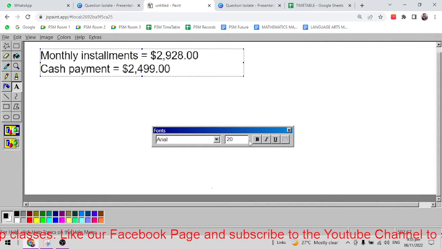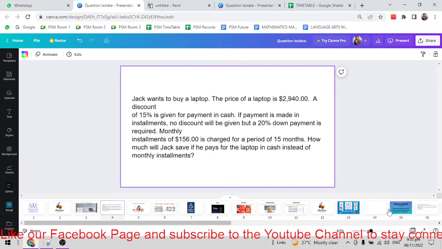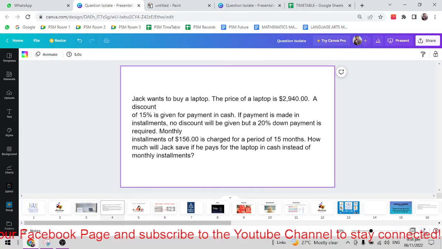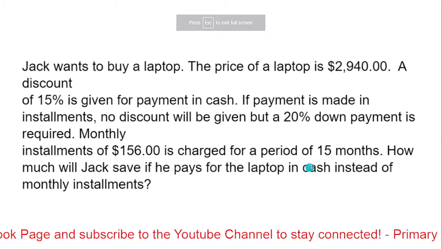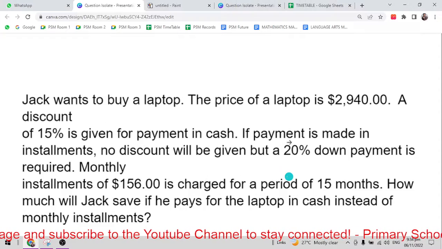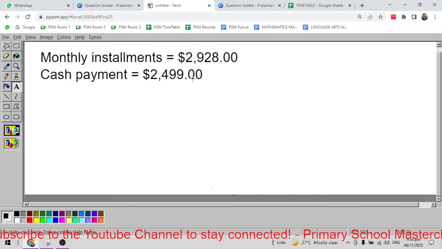The question is, how much would Jack save? So you need to take the difference between them.